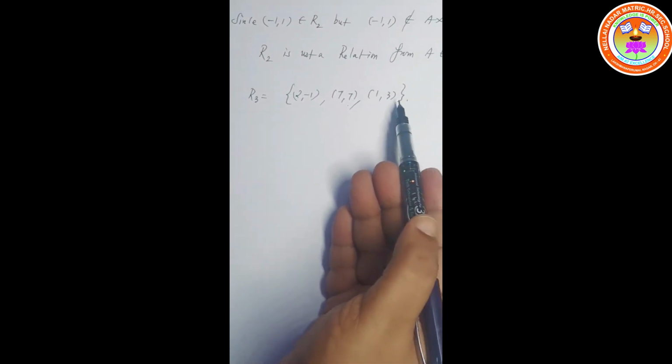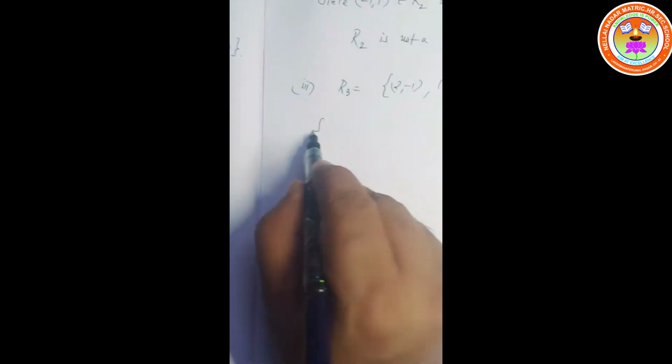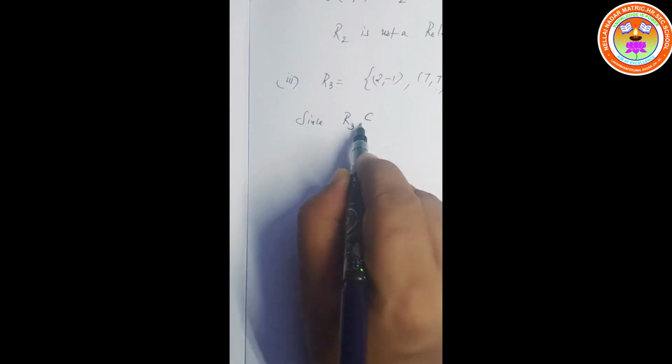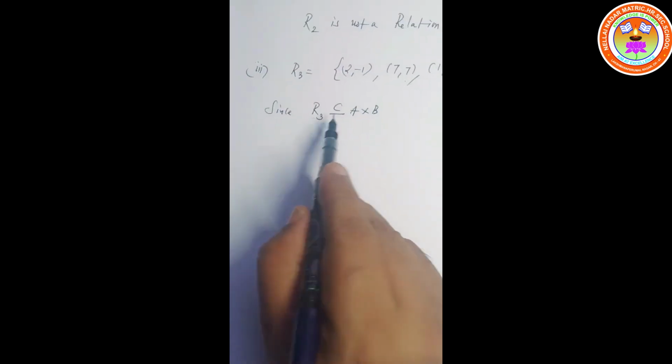So obviously each and every element of R3 belongs to the set A cross B. So how to write? Since R3 is a subset of A cross B, you can directly write R3 is a subset.